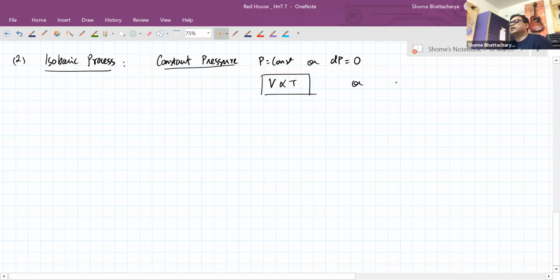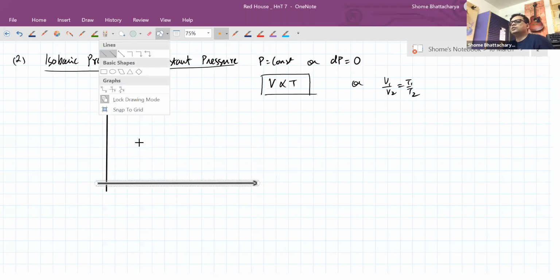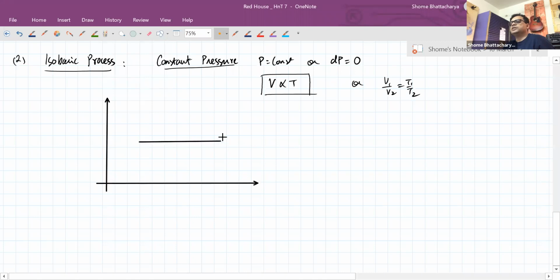During an isobaric expansion or compression, V1 upon V2 is equal to T1 upon T2 at two different points on the graph. So an isobaric process looks like a horizontal line at constant pressure.